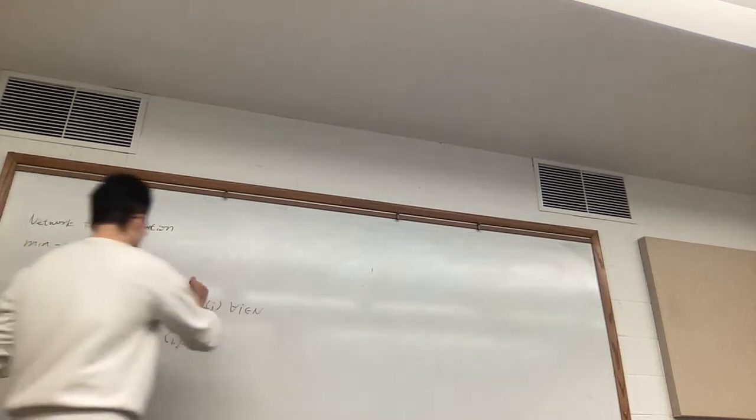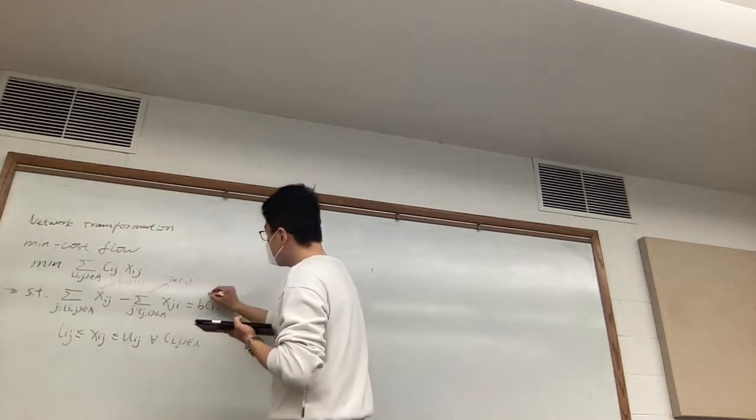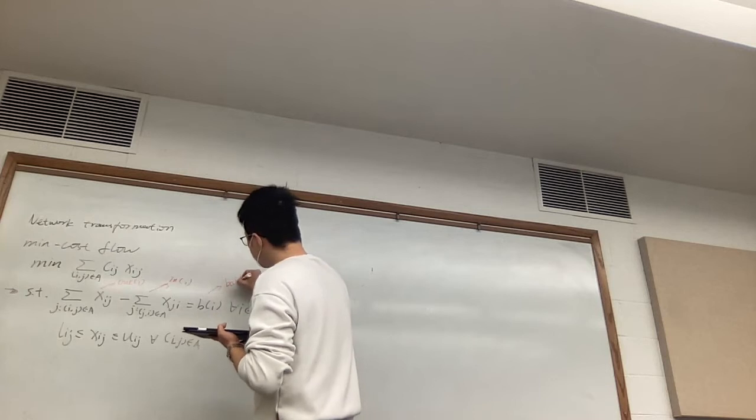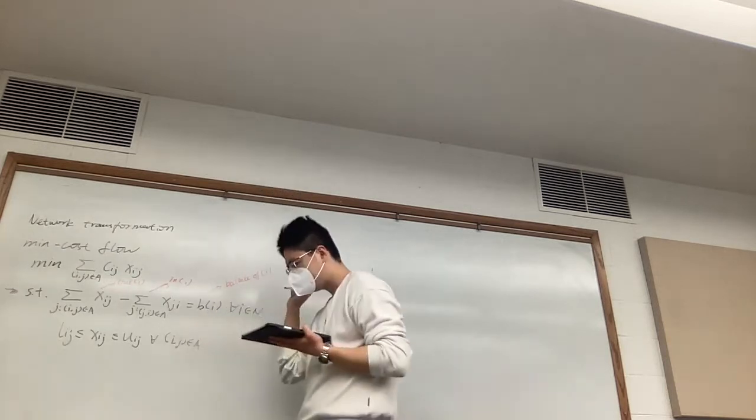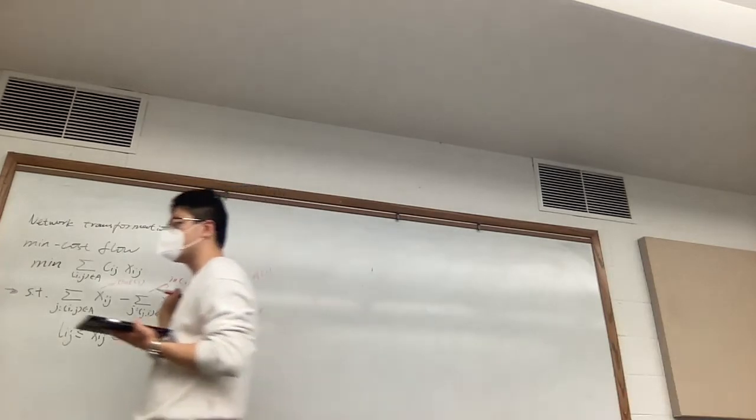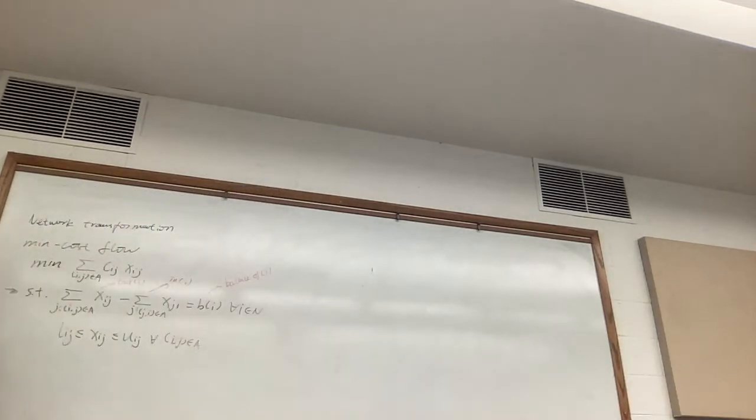And this should be equal to Bi. So Bi means the balance of i. Please note that in the minimum cost flow model, this Bi does not necessarily equal 0. That's to say, the inflow and outflow of i are not necessarily equal.